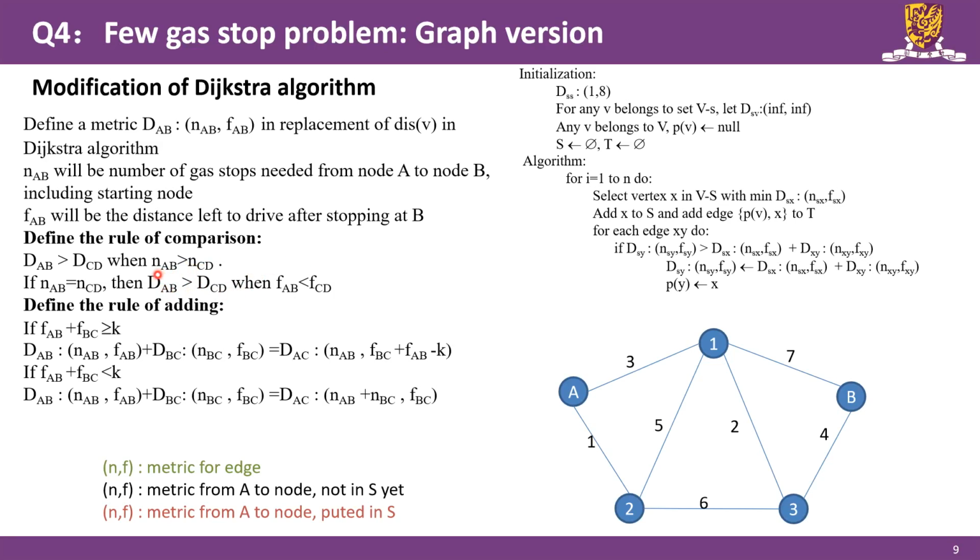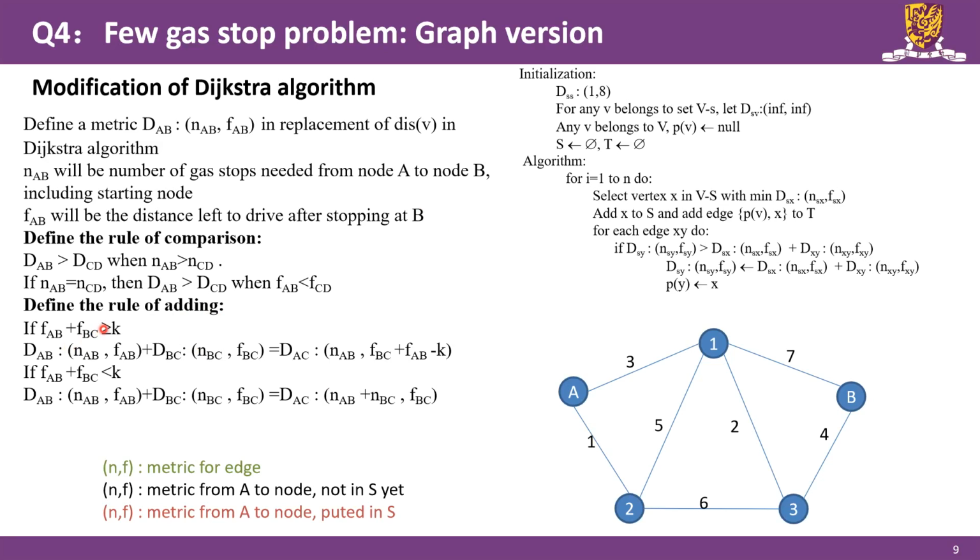So in this case, DAB is also larger than DCD. So that's the rule of comparison. And we need to stress that for N, the comparison is in ascending order, and for F, the comparison is in descending order. We also define the rule of adding.